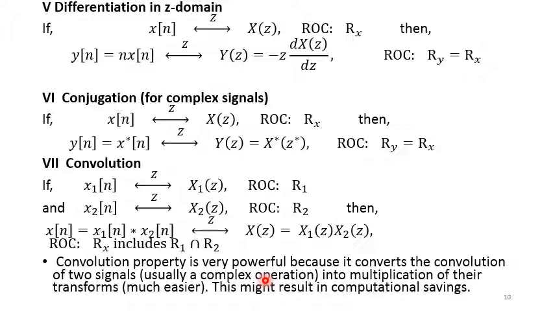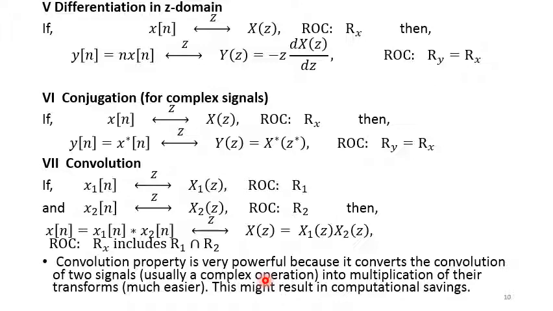Convolution is a very complex process; even if you do it automatically using a computer, it still requires a lot of computation, whereas multiplication is quite straightforward. Definitely all of us go for the simpler things, so we prefer multiplication over convolution.